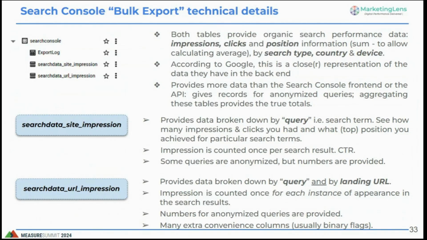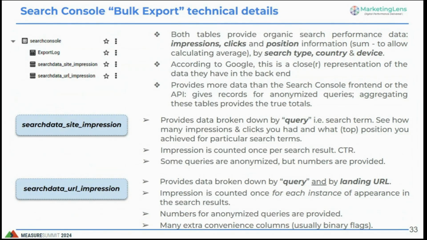So we are not getting different numbers from different tables, but if you aggregate any of these metrics by the dimensions, you will get back the true numbers or the true totals, really.